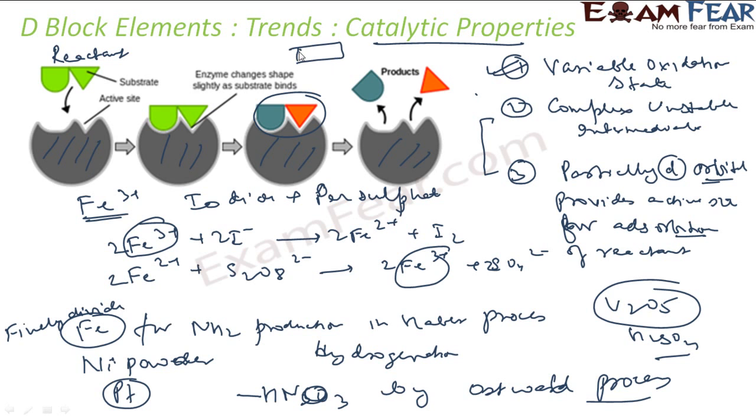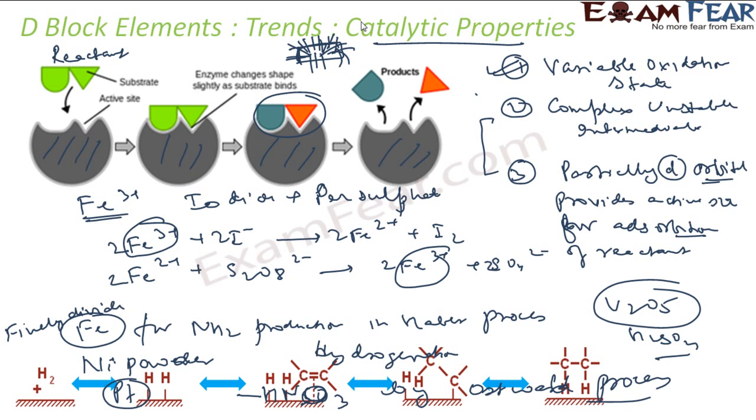For example, this is my catalyst. At this place I increase the concentration of reactant, because the reactant forms bonds with the d orbitals. Since the concentration of the reactant has increased in this area, the reaction is faster. So that's the role of a catalyst.